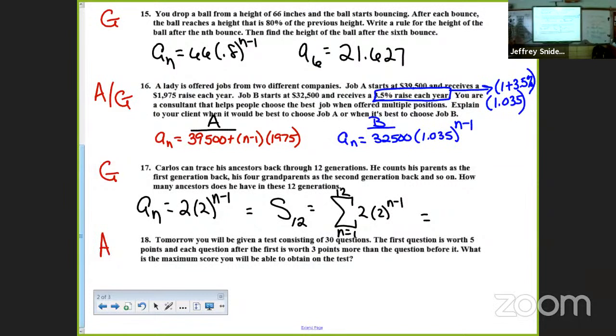So how many ancestors does he have total in these 12 generations? 4,096. Isn't that kind of weird to think about? Wow, that's creepy.